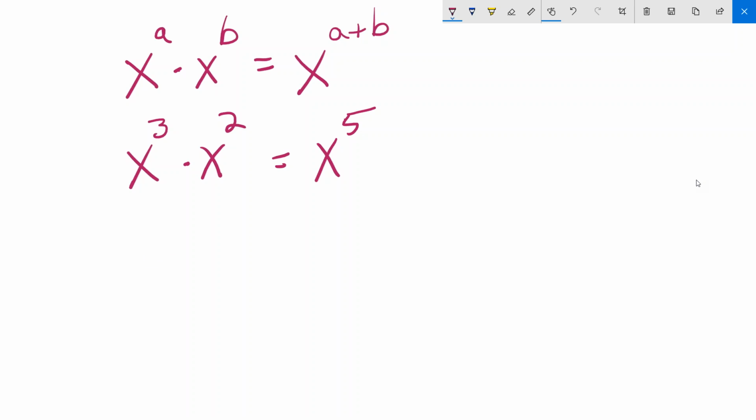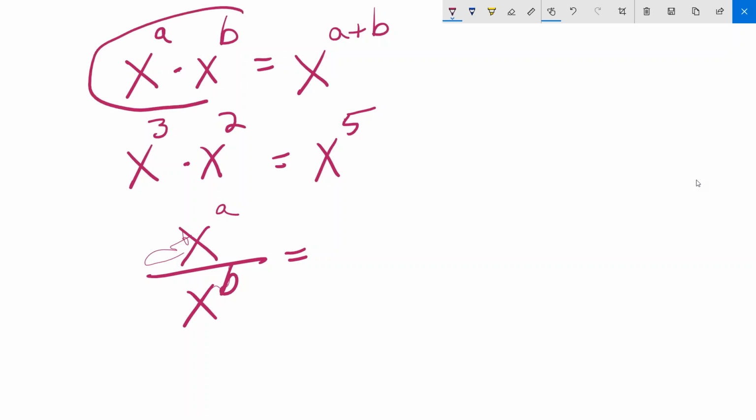What if I have x to the a divided by x to the b? Same base, division. What's that going to be? We added the exponents when we were multiplying the bases, right? So if we're dividing the bases, what are we going to do with the exponent?